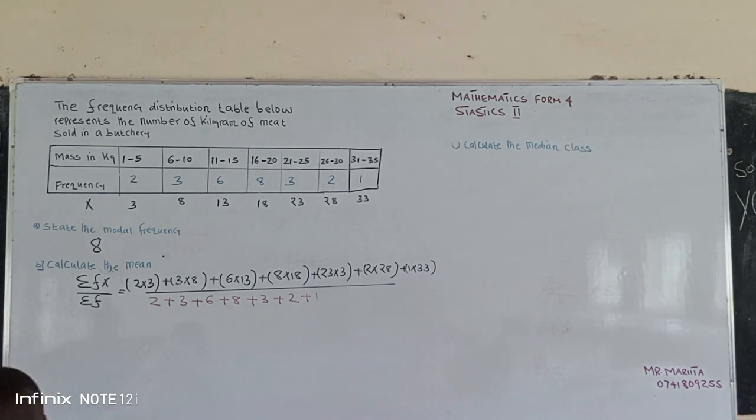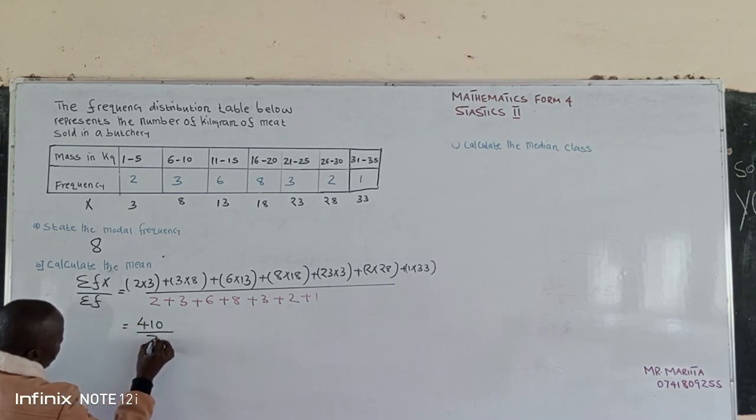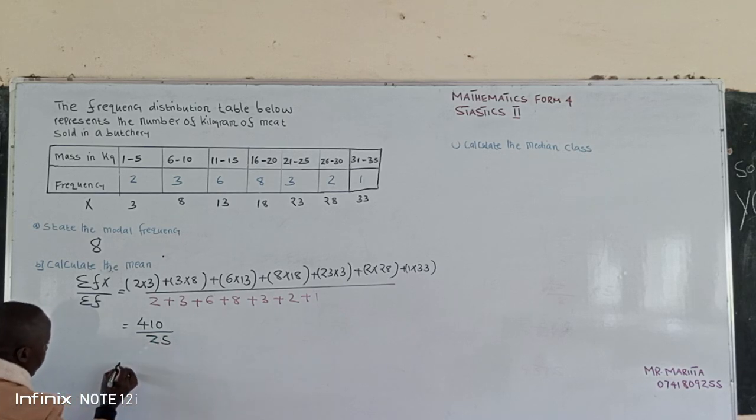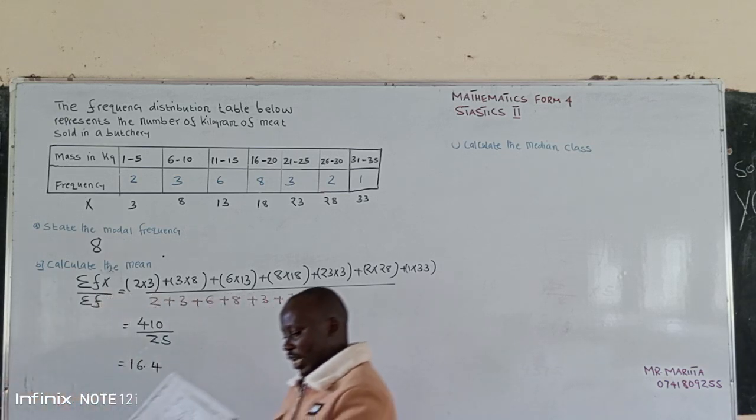And that will give us a summation of fx of 410, and the summation of f is 25. Then we divide, and we have 16.4. So that is the mean.